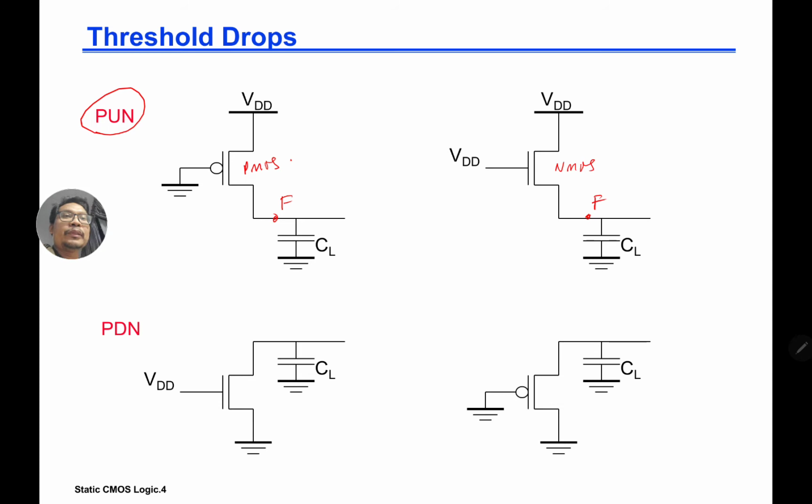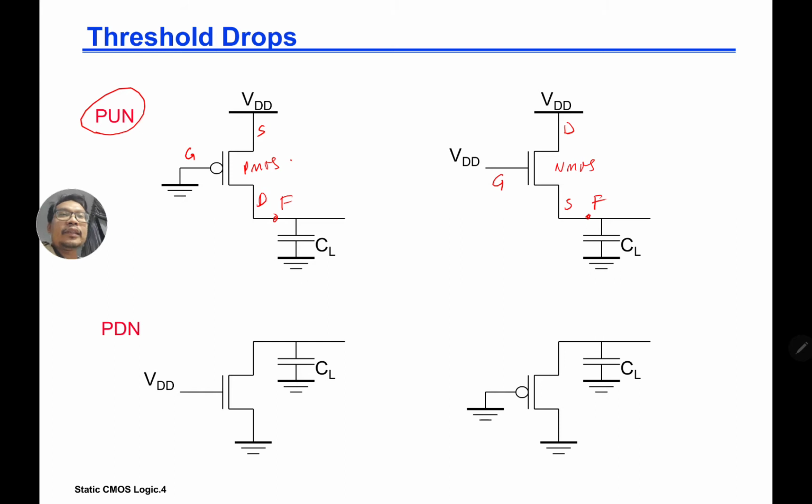Ideally you want to pull up using PMOS because there is no voltage drop. So if you put a 0 here, here is your gate, here is your source, your drain, and for the NMOS it's a little bit different. For the NMOS you have the gate, the source down here and the drain up here.